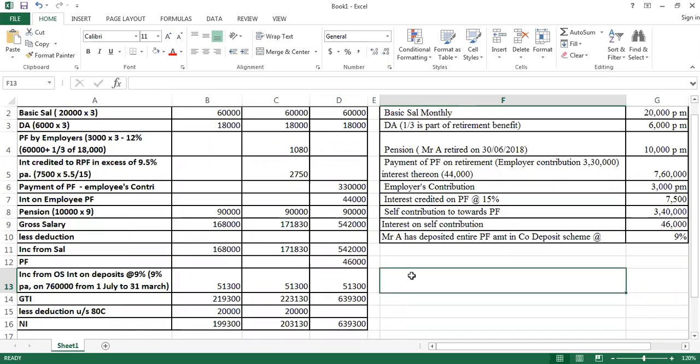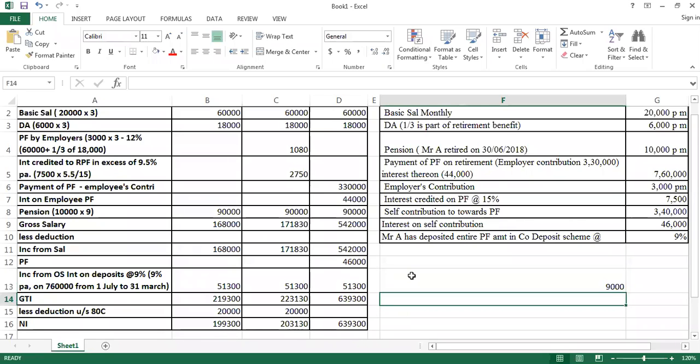In that particular year, what is employer's contribution? 9,000 rupees. Do you agree with me, Narayan? Yes, sir. How did I get 9,000? Because it is 3,000 rupees per month into 3 months. So I get 9,000 rupees as my employer's contribution. Any doubts in this? No, sir.